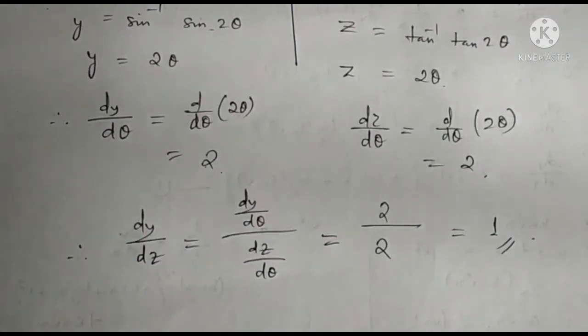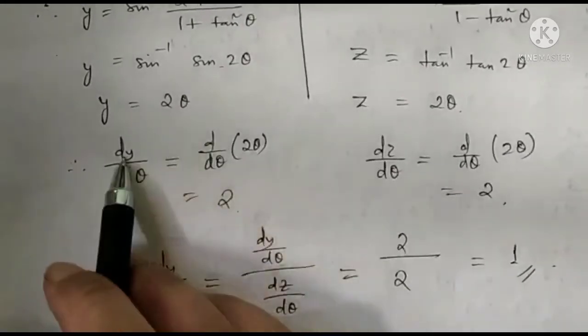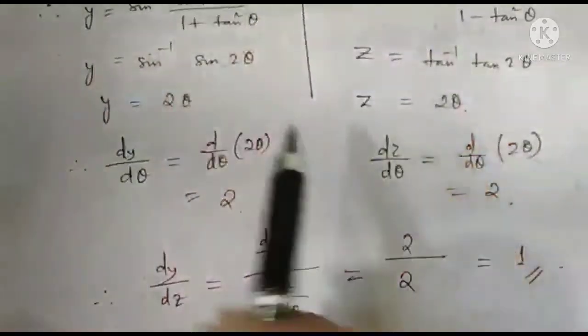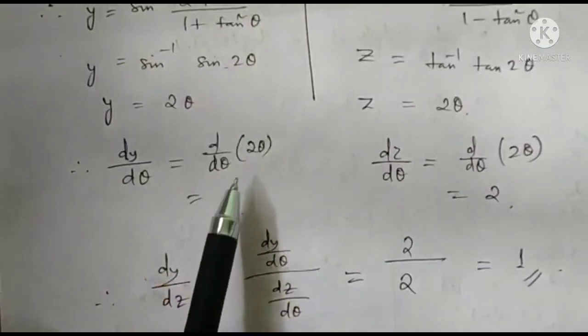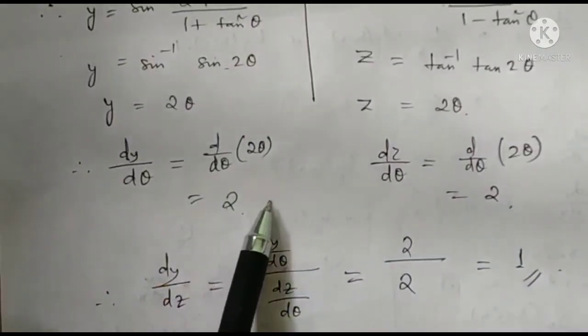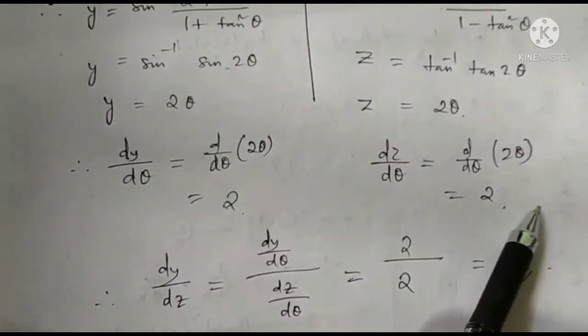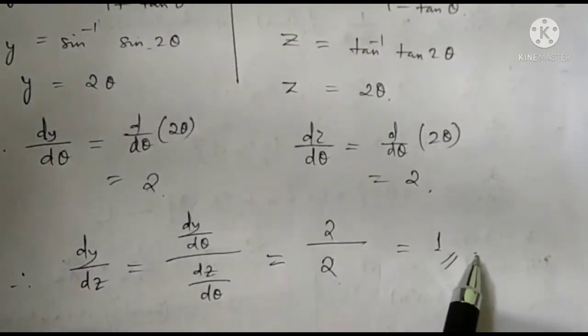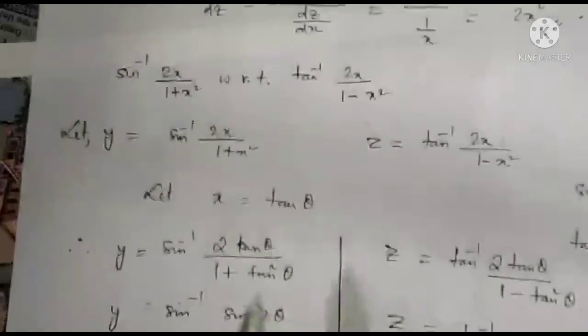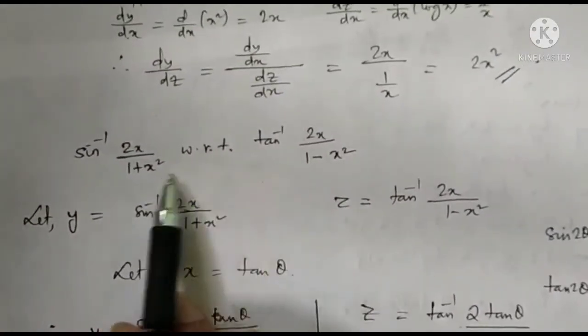Simple. Now, there could be a problem over here. Once you find your dy by d theta in some other problem of similar kind, in place of just getting a number, you could get something in terms of theta here, something in terms of theta here, and after cancellation, you could get your answer in terms of theta. But then in your original question, there was no theta. There was only x. Correct?